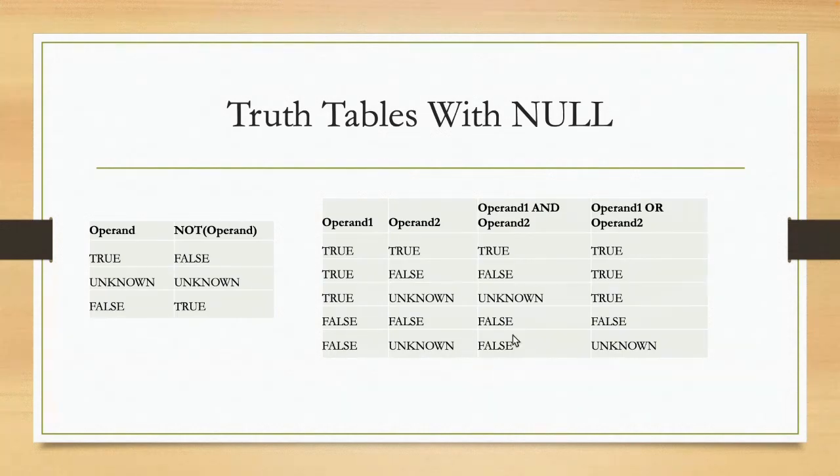And then false or unknown is unknown. So if unknown is okay, you may end up with things that are okay. This is where things like check constraints come in. If you're looking for false, not truth, you may end up okay because you do an or and you end up with a null condition.